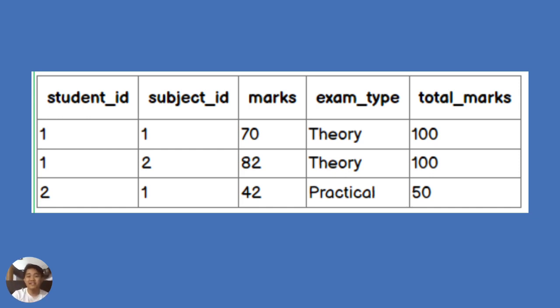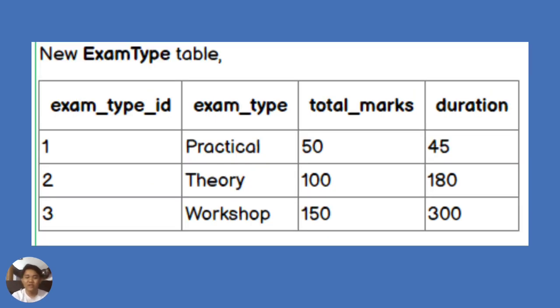So in this case, total marks is completely related to exam type, but exam type is not a primary key. So what you could do is separate these two and turn this into two tables. This is what will happen.